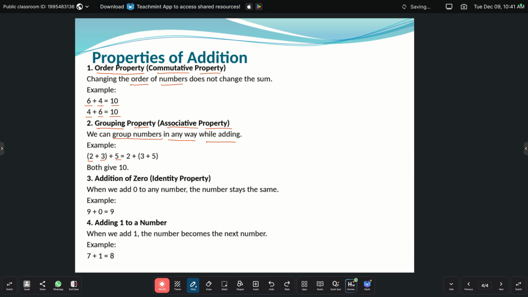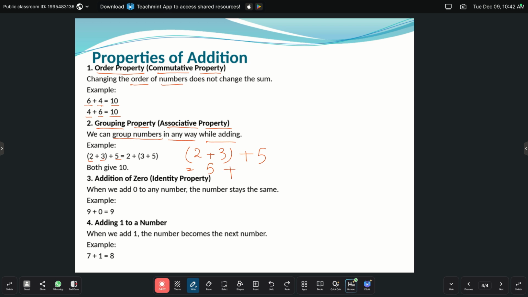Let us group them first. The first 2 addends we will group first, and the other number we will keep outside the group. So 2 plus 3 is 5.